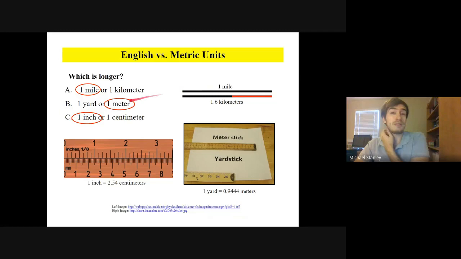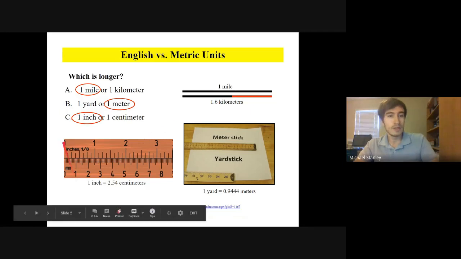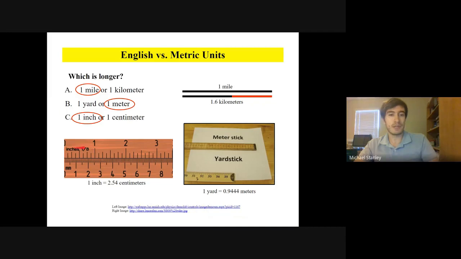So when you compare the metric system to the English system, you get some interesting comparisons. 1 mile is approximately 1.5 kilometers. Like, I think a 5-kilometer race is something like 3 or 3.1 miles. 1 inch, up here on this little ruler, we have inches on the top, that's from the 0 to the 1, and then centimeters along the bottom.